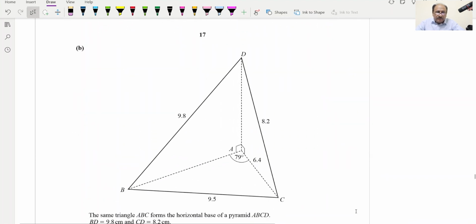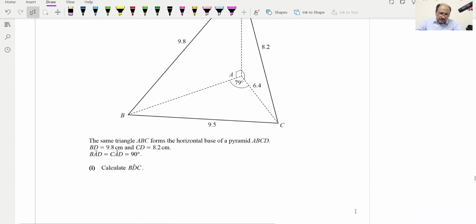Now the B part. In the B part a diagram is provided. They are saying the same triangle ABC forms the horizontal base of a pyramid ABCD, and this is the same triangle with the same measurements. BD is equal to 9.8 and CD is equal to 8.2.